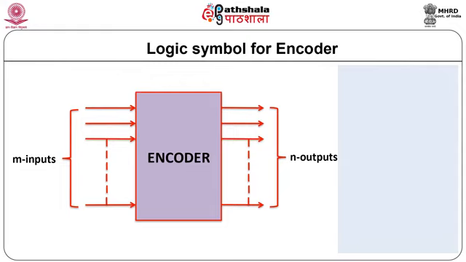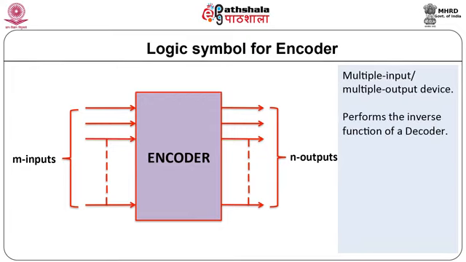The logic symbol of encoder is indicated with M inputs and N outputs. In short, it is a multiple inputs and multiple outputs device. An encoder has M number of input lines and N number of output lines. The number of outputs N is always less than the number of inputs.